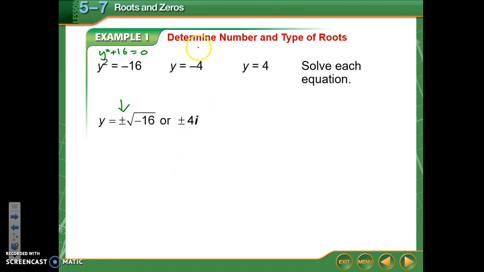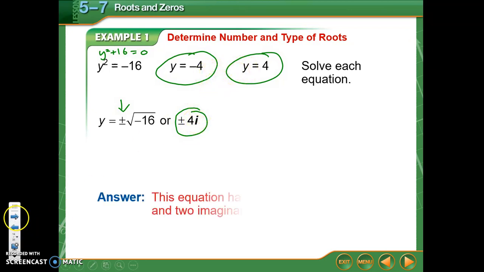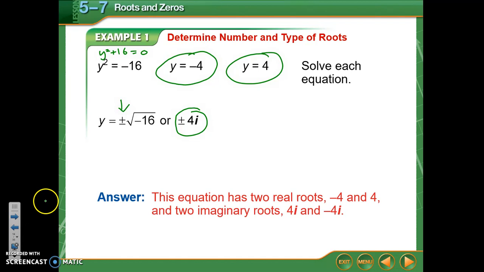And that gives me plus or minus 4i. So I have four roots: -4, 4, and plus or minus 4i. These two roots are complex, and these two roots are real. So this equation has two real roots, -4 and 4, and two imaginary roots, 4i and -4i. Again, my original degree was 4, and I have 4 roots.